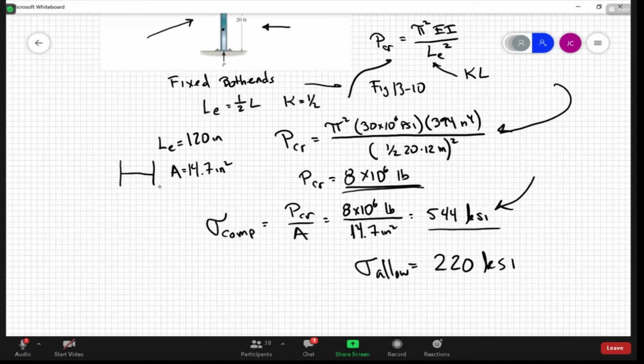But that means that before you got to buckling, you would have a compressive stress that would actually cause failure. That doesn't have to necessarily be the case, though. If we had a smaller I, that would change.